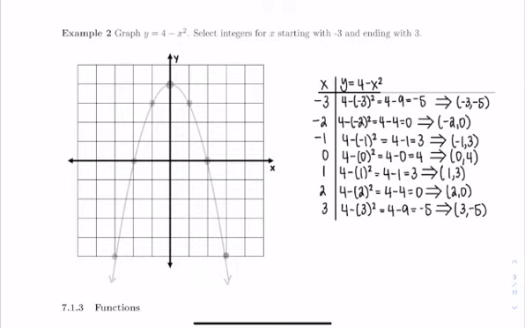And so now that we have all of our points, we just want to plot them on the graph and then connect them. So we have negative 3, negative 5. So go left 3 units and then down 5 units.